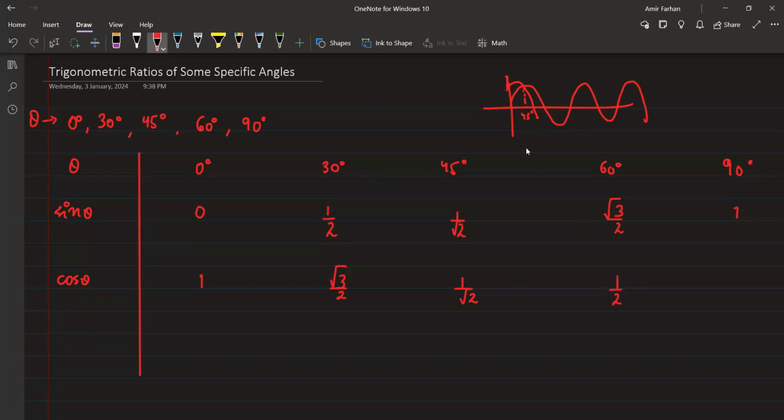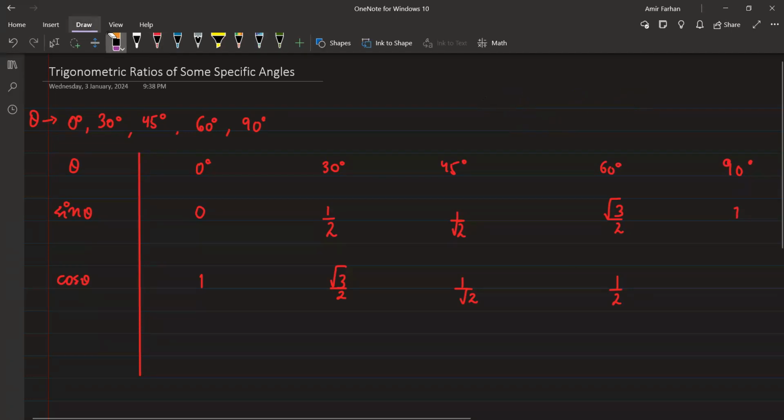Where sine is maximum, cos is minimum, and where cos is maximum, sine is minimum. Clear? Any doubt till now?